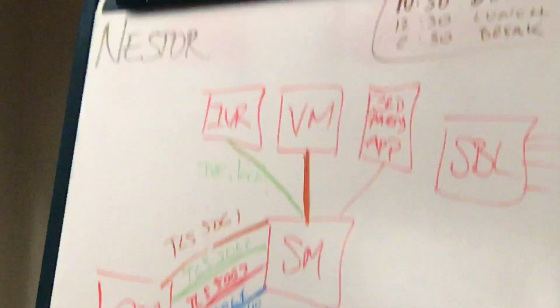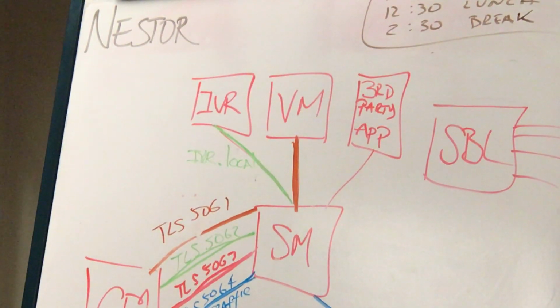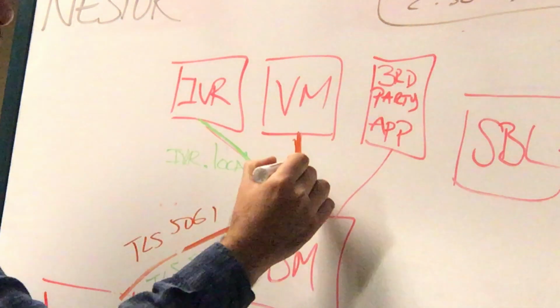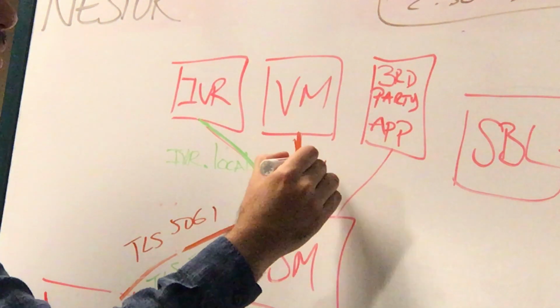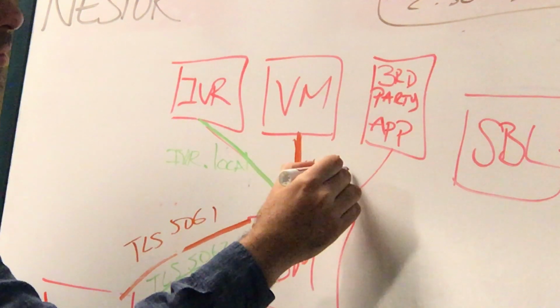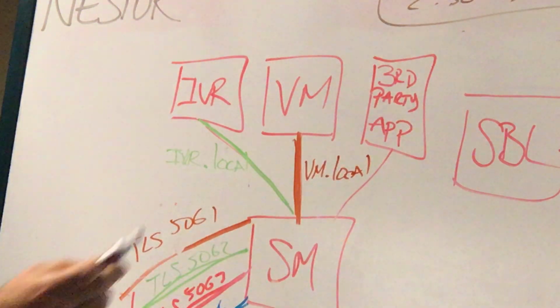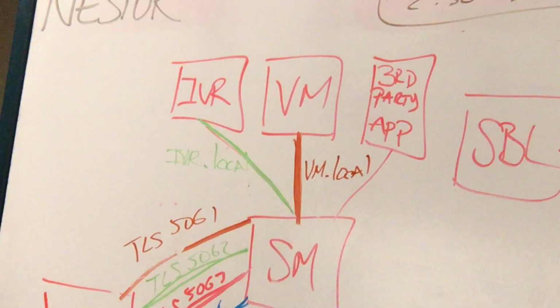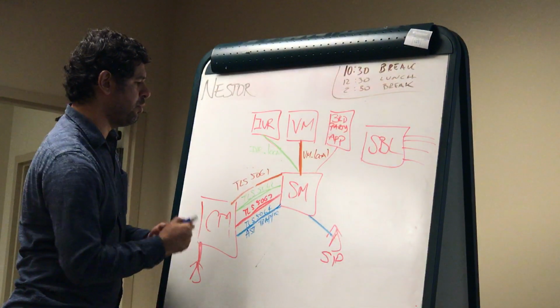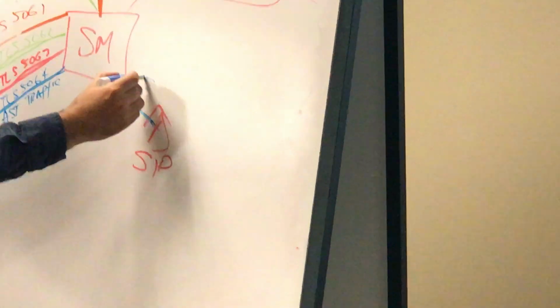You just come up with this fake domain that you want to assign to calls coming from the IVR. If it's coming from the voicemail, maybe VM.local. If it's coming from the third-party application, something else. If it's coming from the SIP phones, maybe SIP.local.